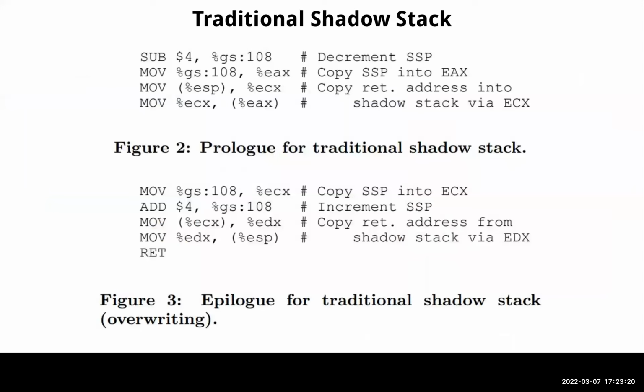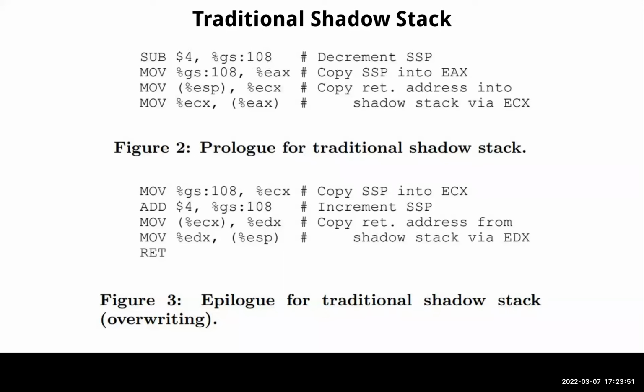Okay. So here I'm going to show you the implementation of this. We can see here, the whole page is for the traditional shadow stack. Let's say we use GS:108 as the shadow stack's pointer.